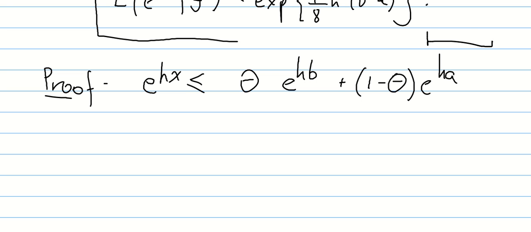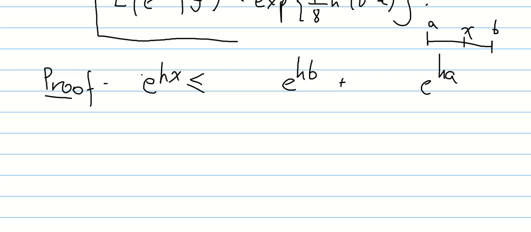Remember that x is somewhere between a and b. So we can choose any value for theta, and we're going to write a very explicit value here that gives us the exact combination between a and b that gives me x.